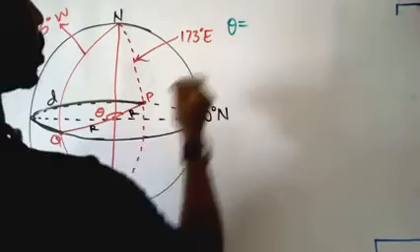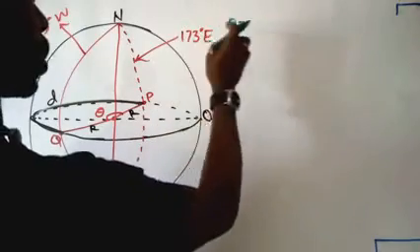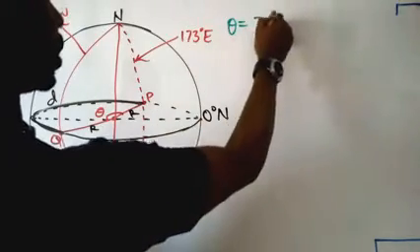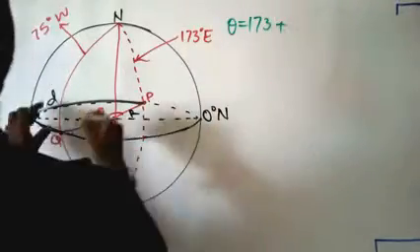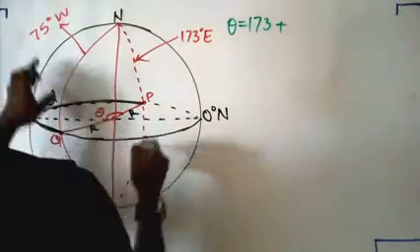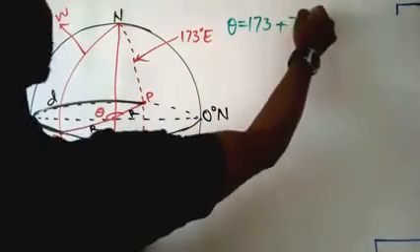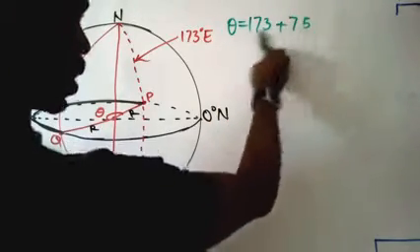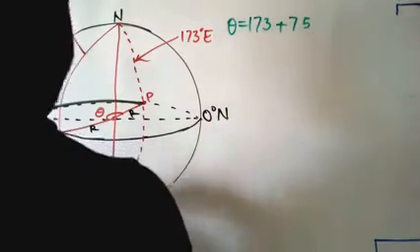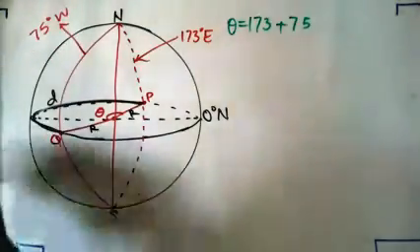My angular difference in this case, I want to say is 173, they are on different sides of the pole, plus 75. But I see that if I add this up, it's going to be more than 180. So I won't bother myself to add up.